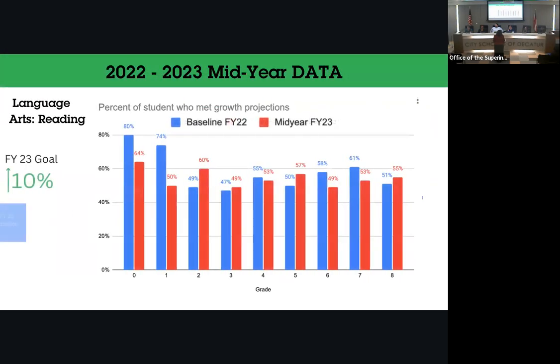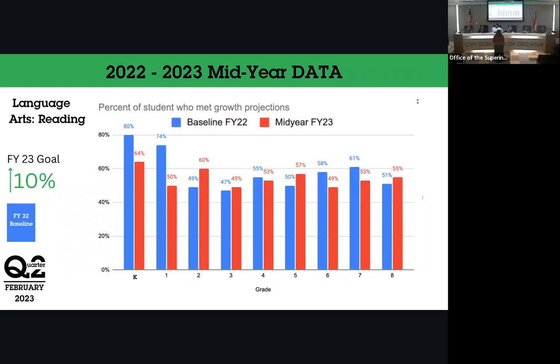So let's start with growth for all students. We can see that in reading, we can see the percentage of our end-of-year students that met their growth targets as determined by measures of academic progress or the MAP test. And then we can see where we are at mid-year.